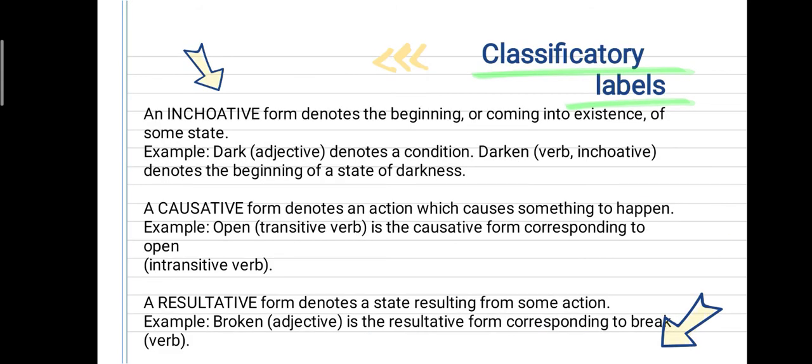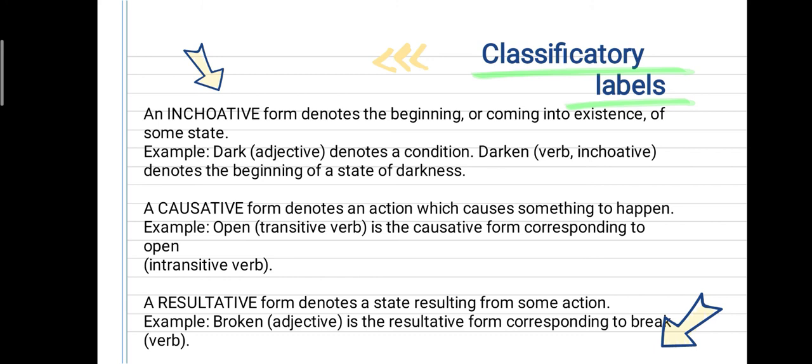Now, the last one is about classificatory labels. Semanticists have invented a number of classificatory labels for the various kinds of derivation found in languages because it is not always possible to describe differences in meaning between derived words and their sources. First, inchoative form.